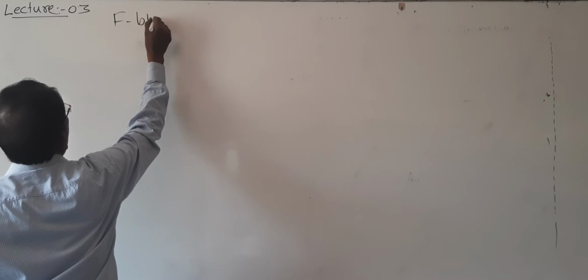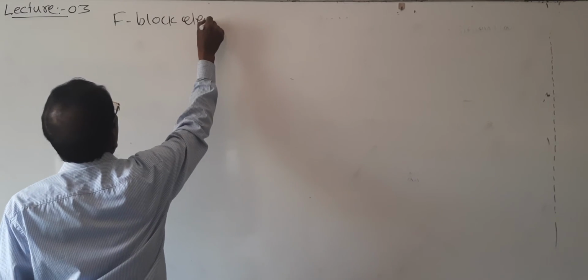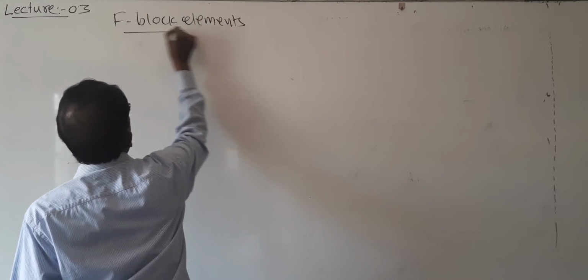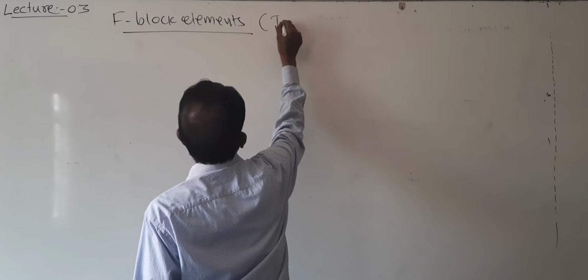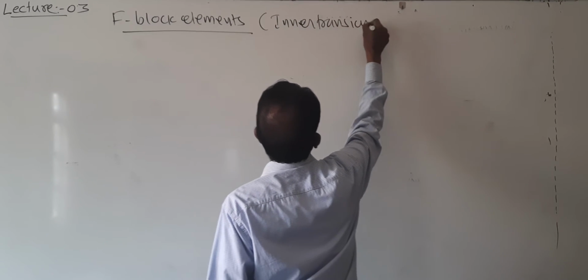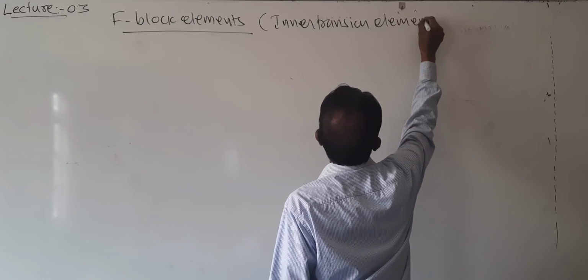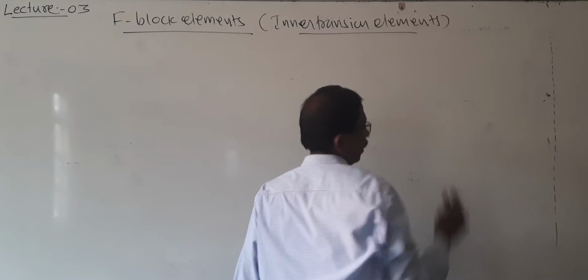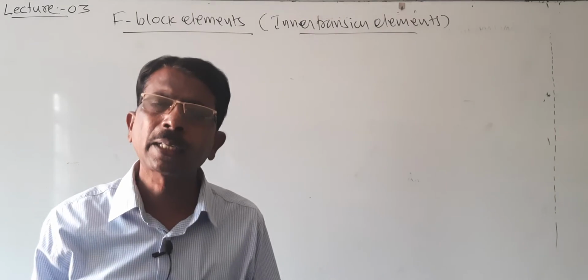Look here. F block elements. These are also called as inner transition elements, and these are also called as rare earth.